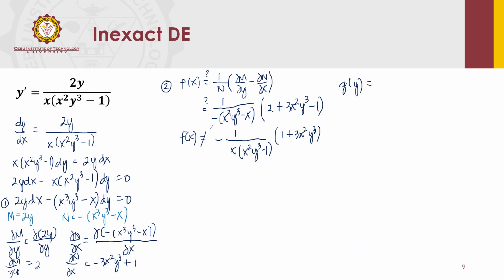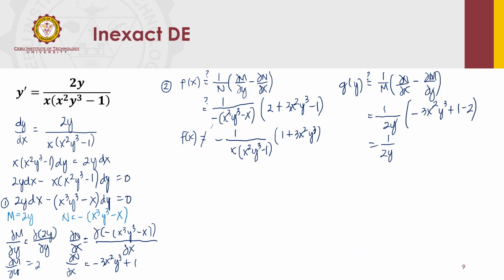So is 1 over M times this a pure function of y? 1 over M is 1 over 2y, and then this one is negative 3x squared y cubed plus 1 minus 2. There's no common factor here also, so it's only 1 minus 2, or that's minus 1.